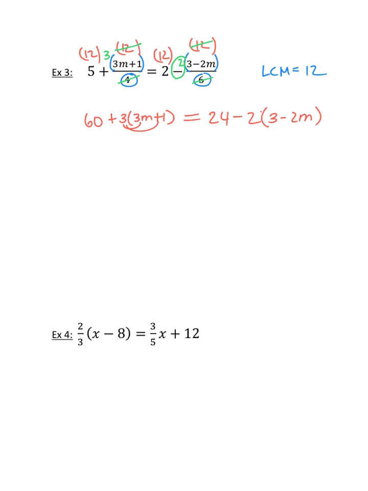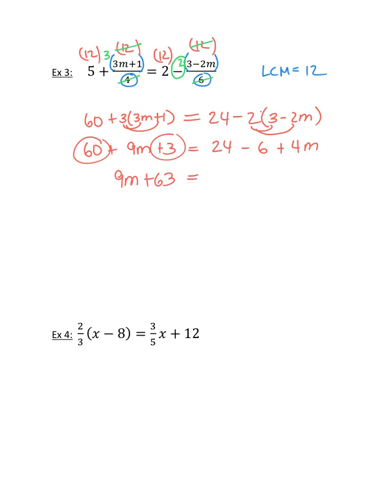So I'm going to distribute: 60 plus 9m plus 3 equals 24, and then distribute the negative 2: minus 6 plus 4m. And then I'm going to combine like terms. I have 60 and 3 is 63. So 9m plus 63 equals, and I'm going to combine 24 minus 6, which is going to give us 18.